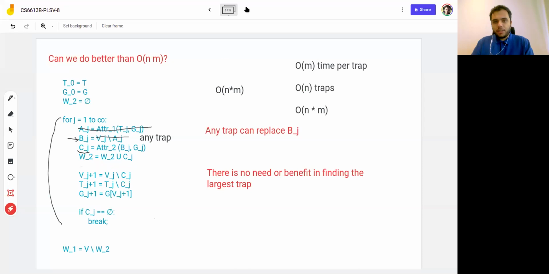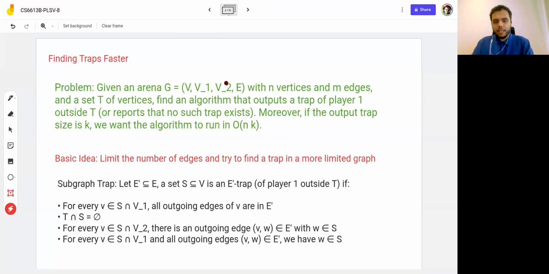So I know that I'm at most adding n different vertices to the winning set of player 2. So we have k is less than n, and also the sum of all k over all iterations of our algorithm is also less than n. Okay. So this gives us actually order n squared if we can solve this.